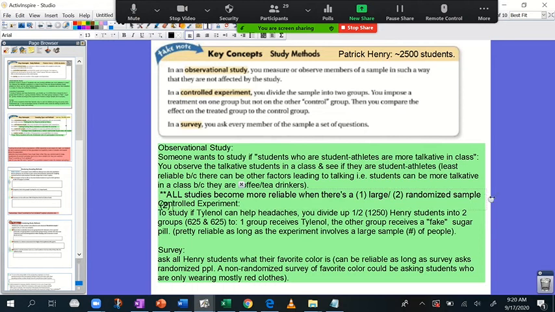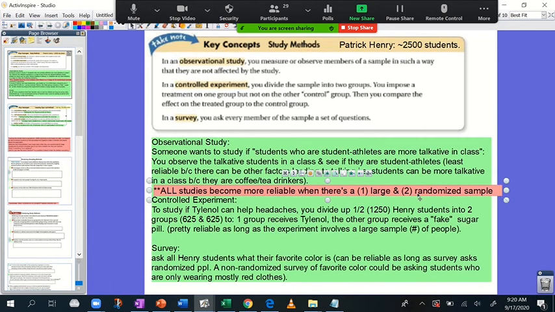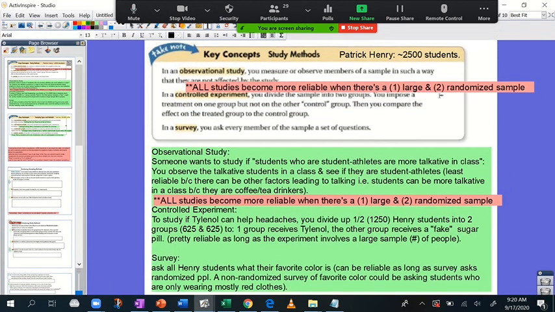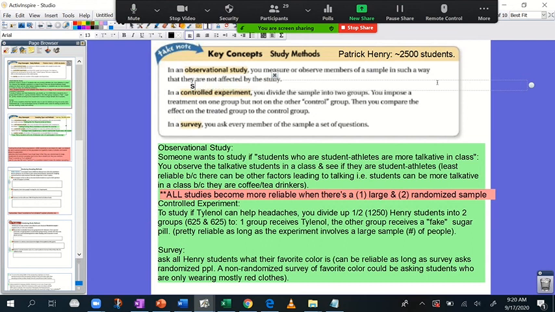Make it simple like that. And sample is the number of people in your study, just so that we're clear.